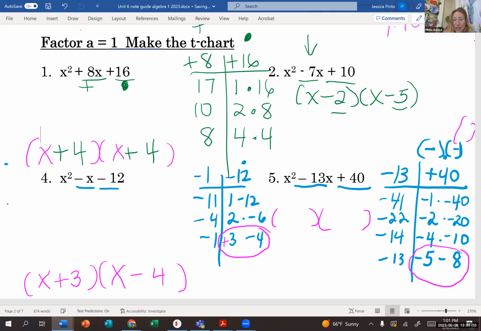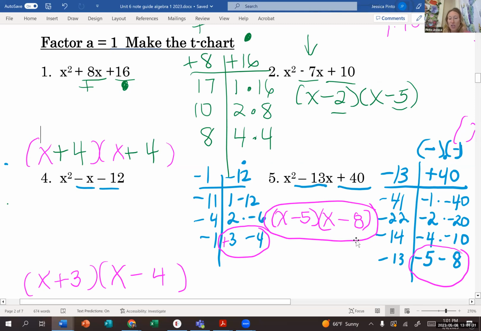I write my 2 parentheses. It's x, and then it's -5, and then it's x minus 8. And you're probably wondering, could I do -8 first and then -5? Absolutely. You can change the order because it's multiplication, which is commutative, meaning you can change the order and the answer stays the same.